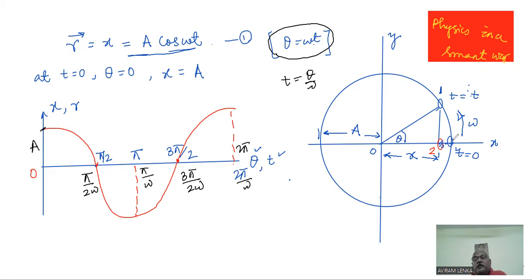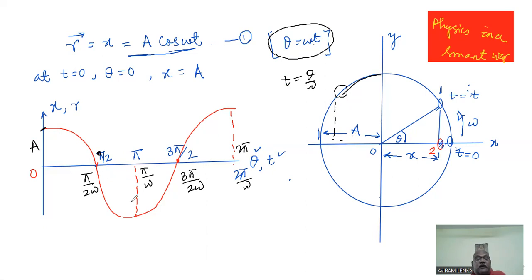At the start, the position of the foot of the perpendicular here is at a distance a from the origin, and at pi by 2, when theta equal to pi by 2, time equal to pi by 2 omega, we know the position is 0. Then as the main body starts to pass to the second quadrant, the x coordinate becomes negative.